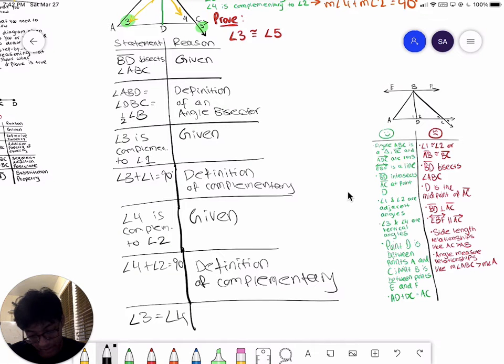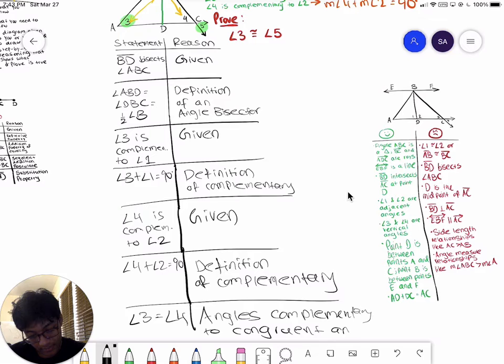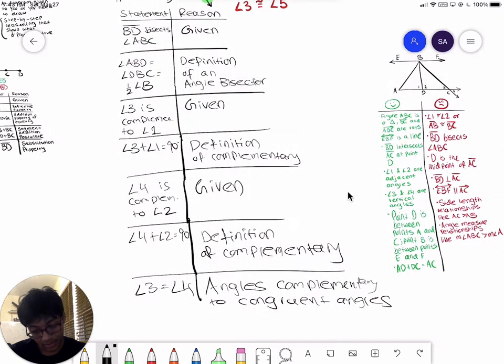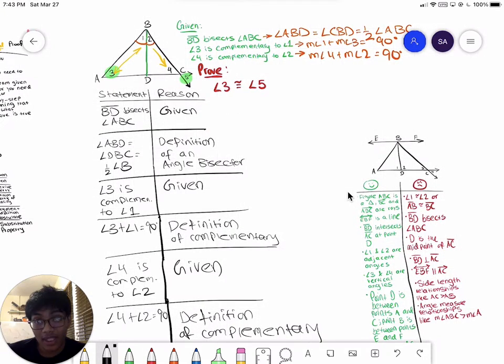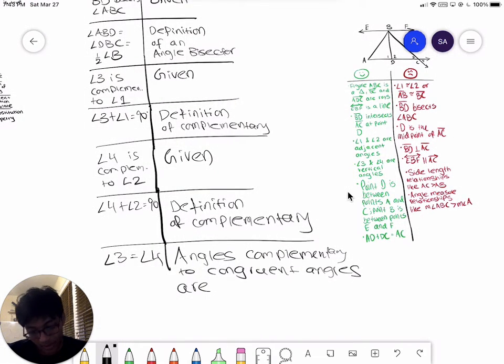Well, remember, angles complementary to congruent angles are congruent. Okay? So because angles 3 and 4 are both complementary to angles 1 and 2, and angles 1 and 2 are equal, that means angles 3 and 4 have to be equal. That's basically what we're saying.